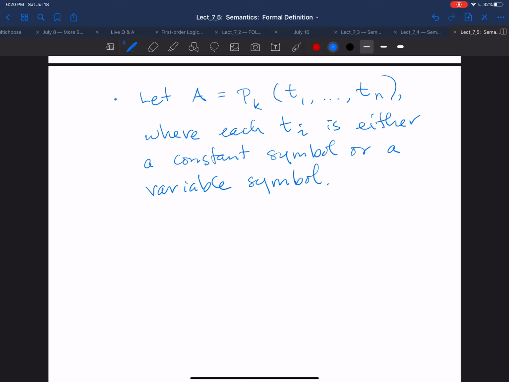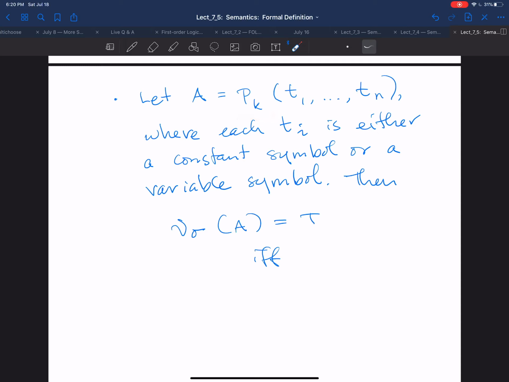Okay, then what is the truth value of such a formula A? We'll say that v sigma of A is T if and only if the elements of the domain that these terms denote, that n-tuple of elements of the domain denoted by the terms T1 through Tn, belongs to the n-ary relation denoted by the predicate symbol Pk.